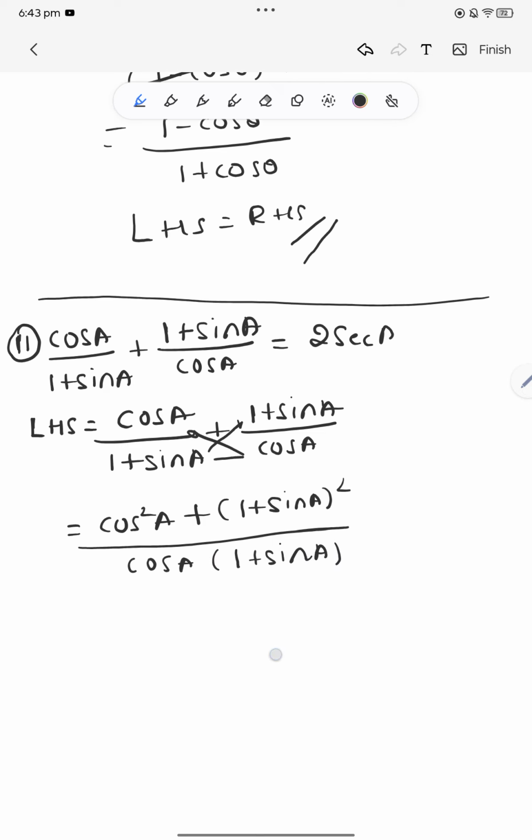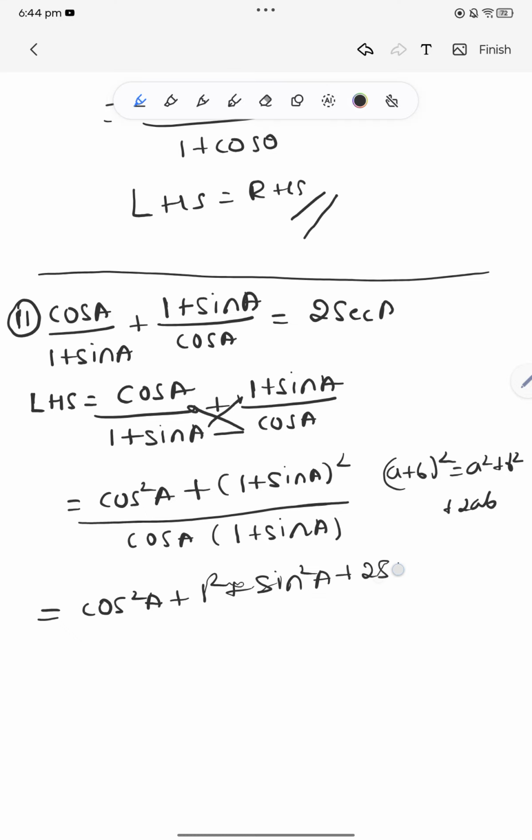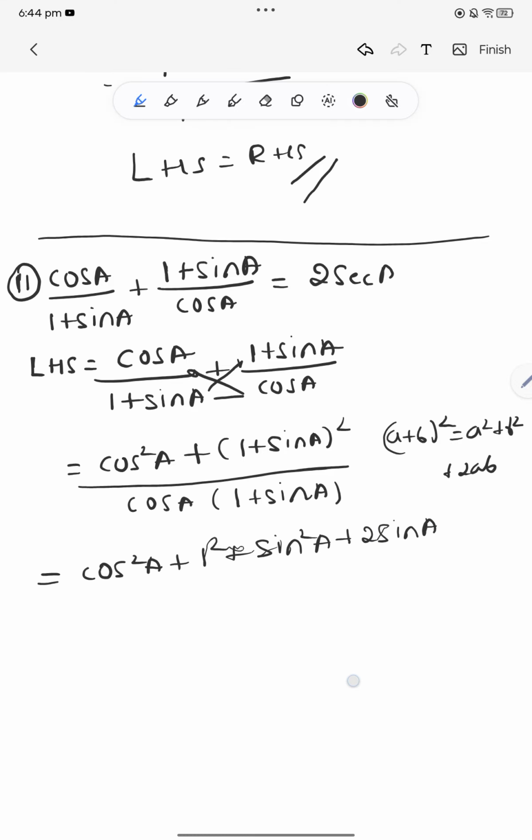Cos square A stays as it is, and (1 plus sin A) whole square is A square plus B square plus 2AB, which is 1 square plus sin square A plus 2 sin A, divided by cos A into (1 plus sin A).